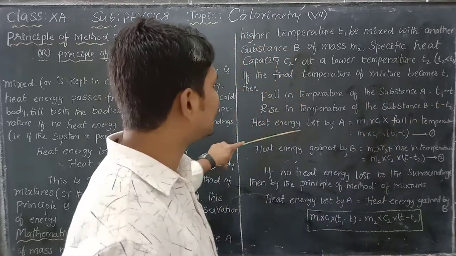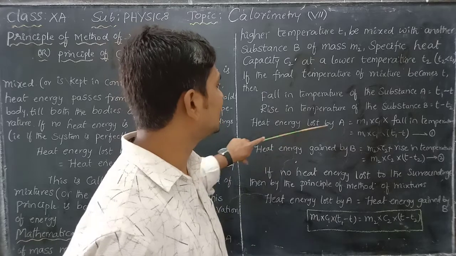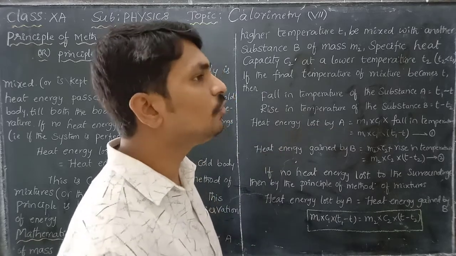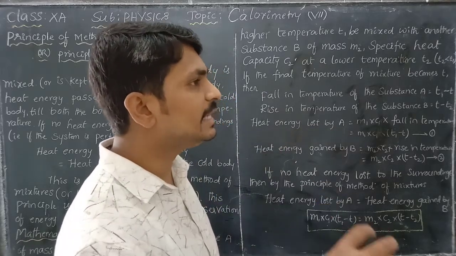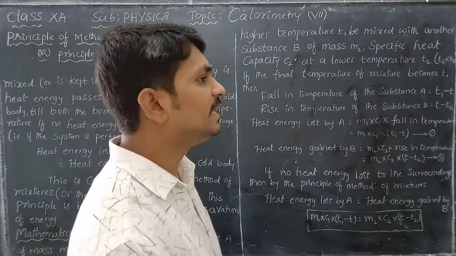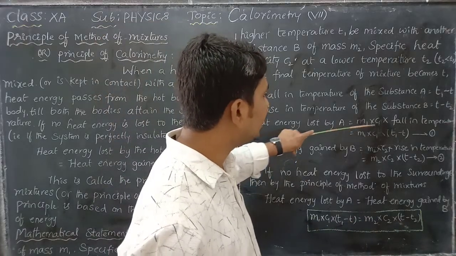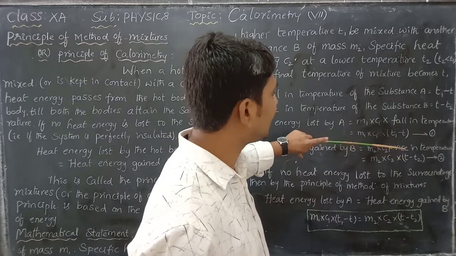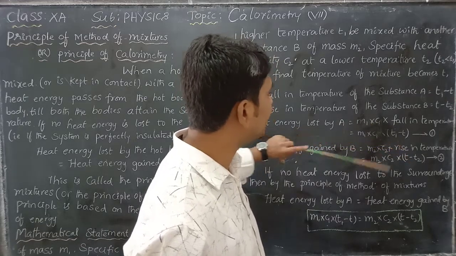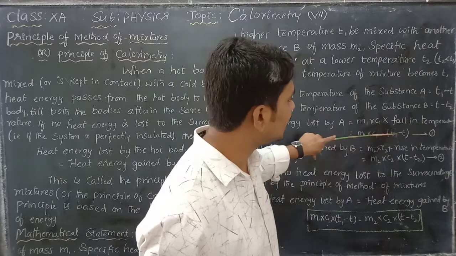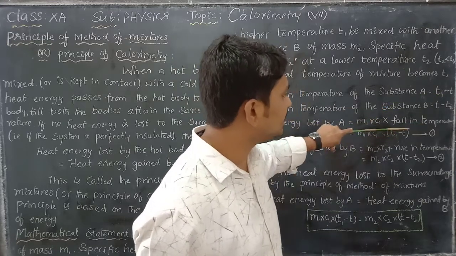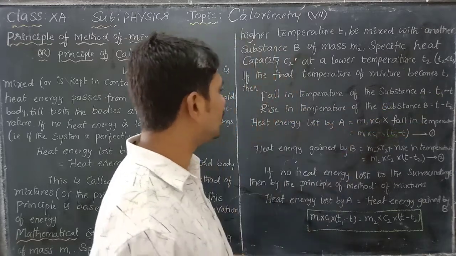Next, heat energy. You already know Q equals M into C into the difference in temperature. So here, heat lost by body A is M1 into C1, the specific heat capacity of body A, into the falling temperature T1 minus T. Call it equation number 1.